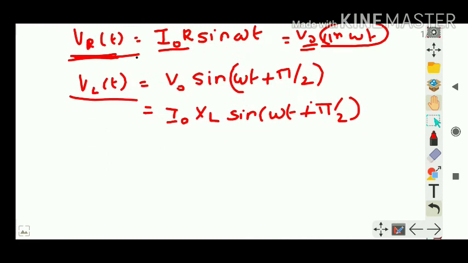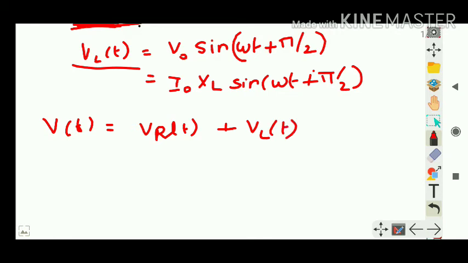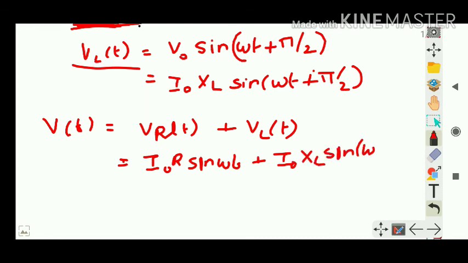Now suppose I want to find the net voltage across both the resistance and the inductor. The net voltage will be the resistance voltage plus the voltage across the inductor. So I just have to add these two: I naught R sin omega t plus I naught XL sin omega t plus pi by 2.